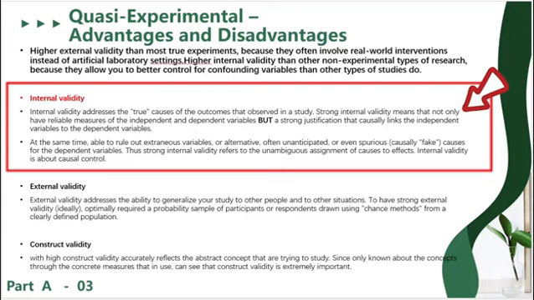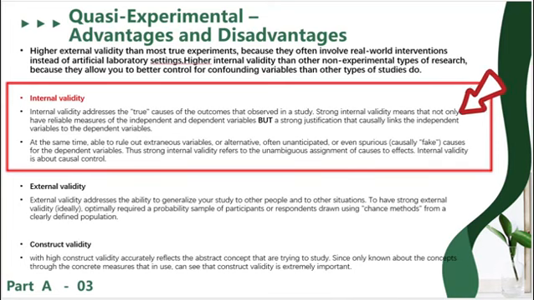At the same time, able to rule out extraneous variables or alternatives, often unanticipated or even spurious, causally fake causes for the dependent variables. Thus, strong internal validity refers to the unambiguous assignment of causes to effect.